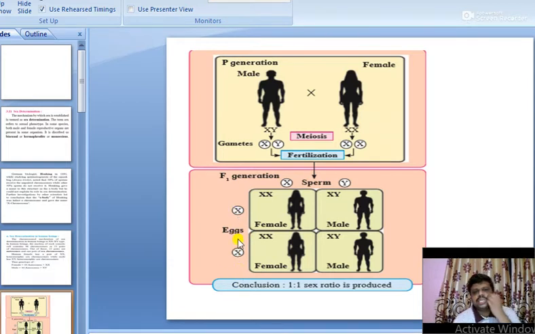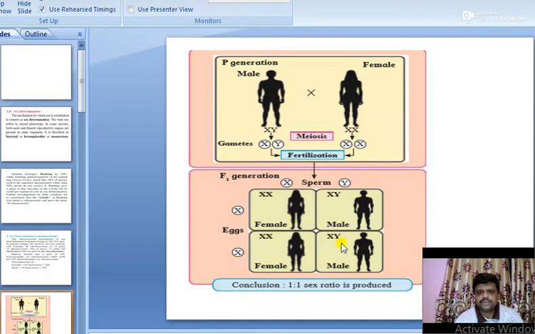These are eggs and these are sperms. When X fuses with X, this will definitely be a female with XX, and when X fuses with Y, this will be a male with XY. So the ratio is 1:1, two males and two females. This is the type of sex determination found in the human being.